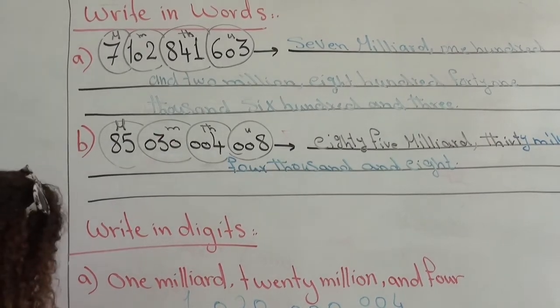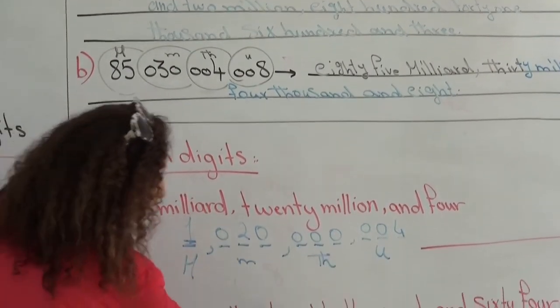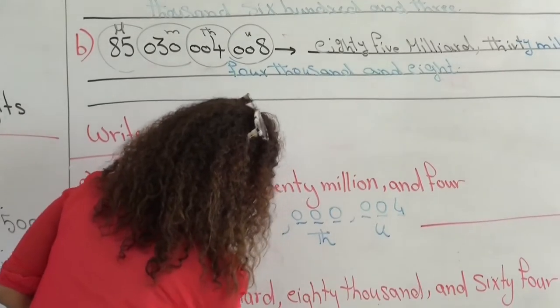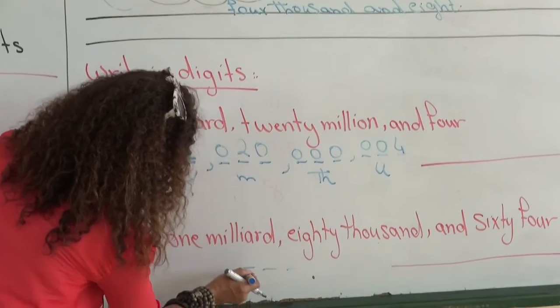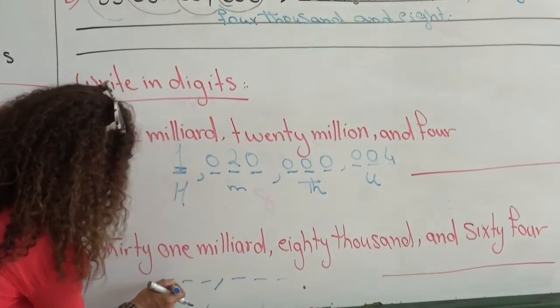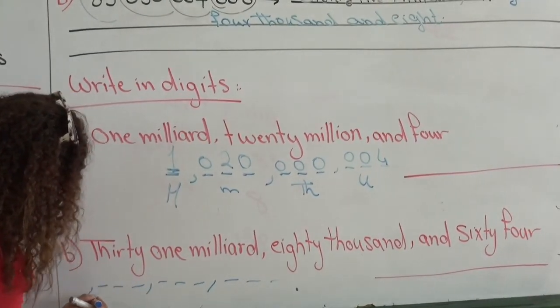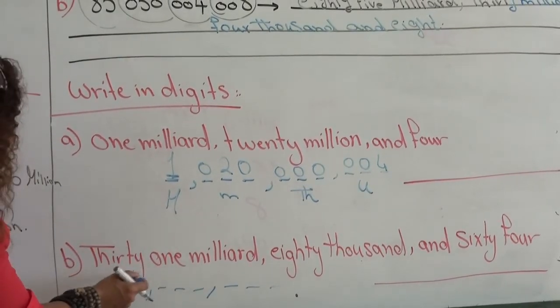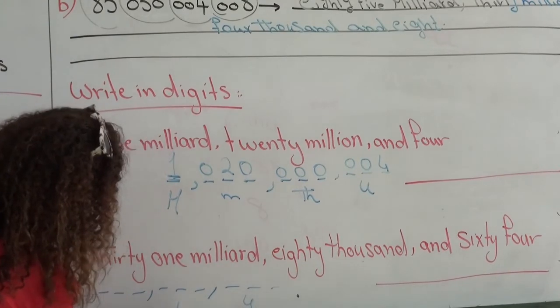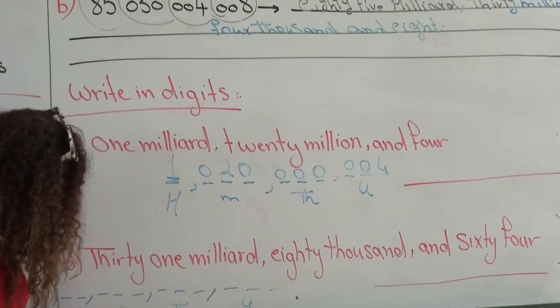The second one is 31 milliard 80,064. I will also make spaces like that, 1, 2, 3, comma, 1, 2, 3, comma, 1, 2, 3, comma, 1, 2. Why 2 in the milliard family? Because I have 31 units, thousand, million, and milliard.